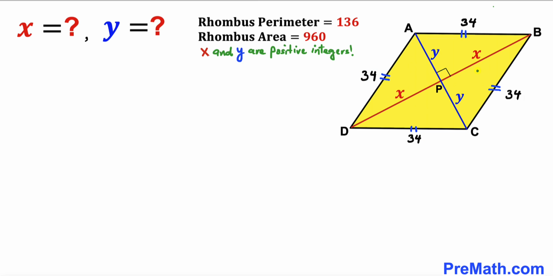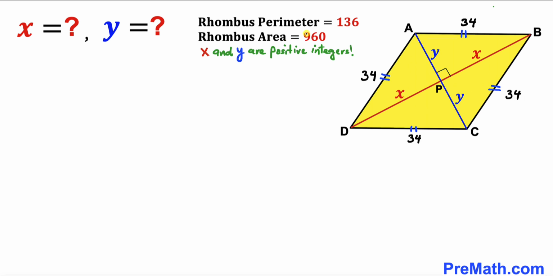Furthermore, these diagonals are perpendicular bisectors of each other, and we know this is our 90-degree angle. That means we have 4 congruent right triangles.